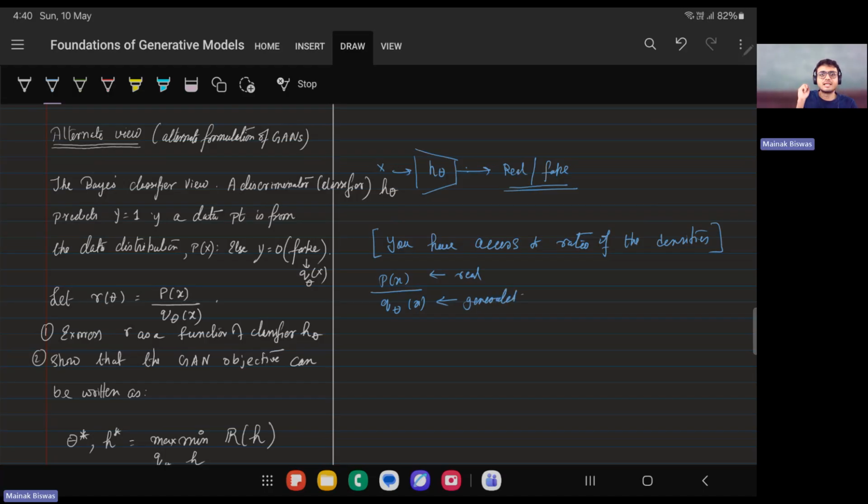So what it is actually optimizing is a risk minimization over this h function, which is a discriminator. Let's try to understand that.